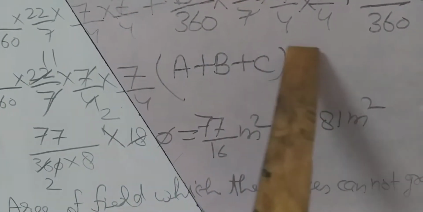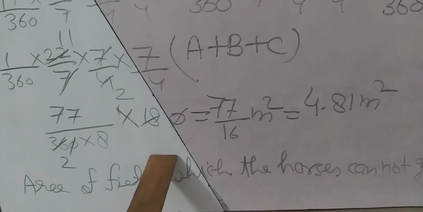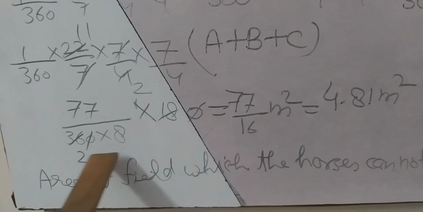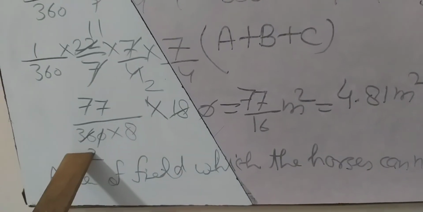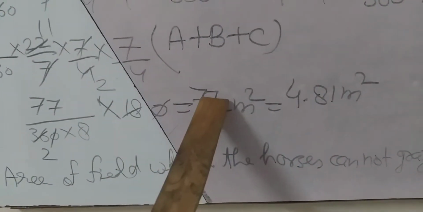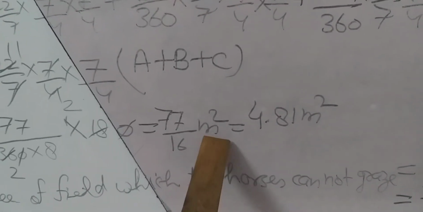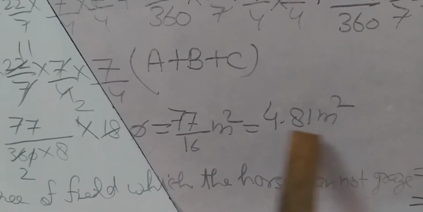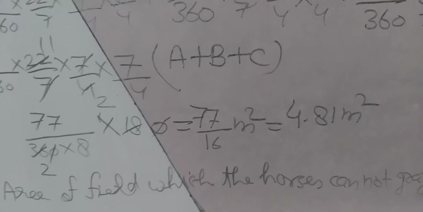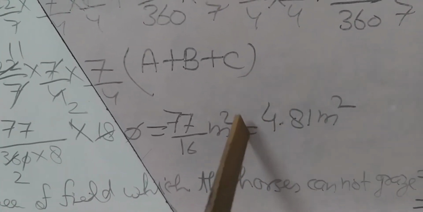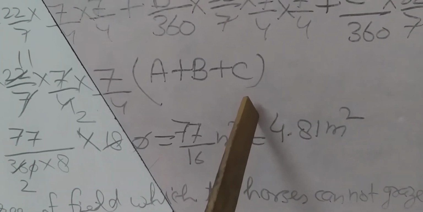So at that place we can write 180. So do calculation, 0 0 cancel, 18 2s are 36, 77 upon 16 meter square equals 4.81 meter square. So this is the area of grazed portion of the field.